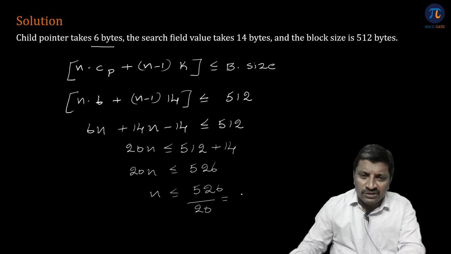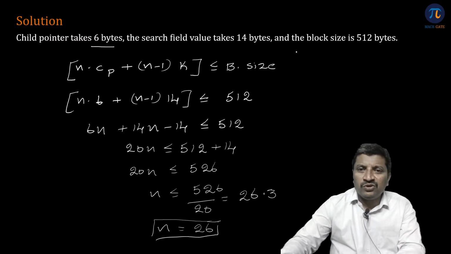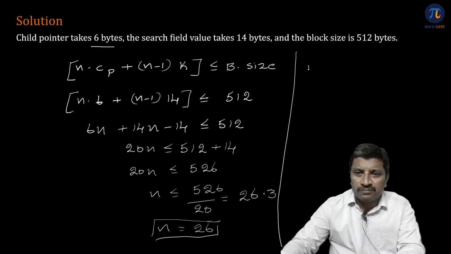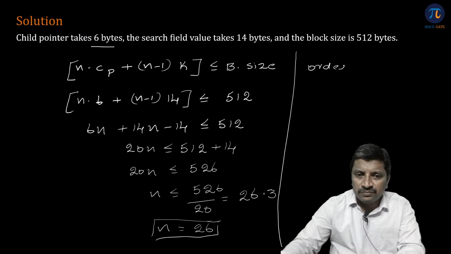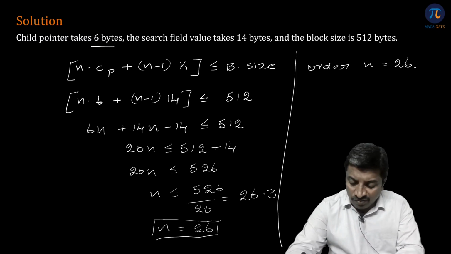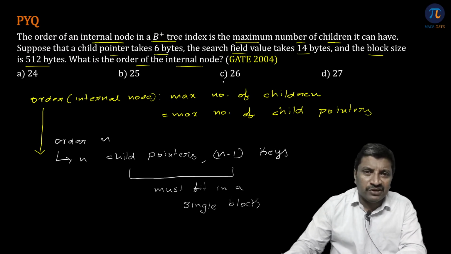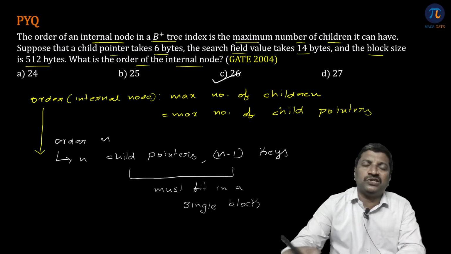What is this value, sir? It is 26.3. So what can be the value of n, sir? That is 26. So what you got is the order n equal to 26. What is the order of the internal node? Yes, of course, it is 26.